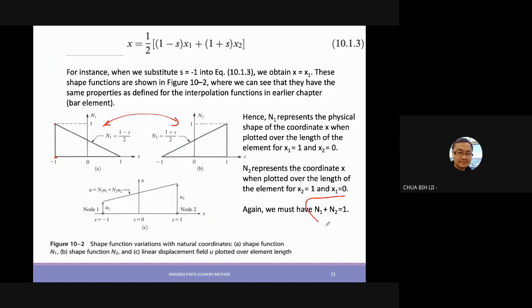You always comply with this particular rule, the completeness of the shape functions. This is how you can visualize the importance of the shape functions, to reflect whether it is correct or not.